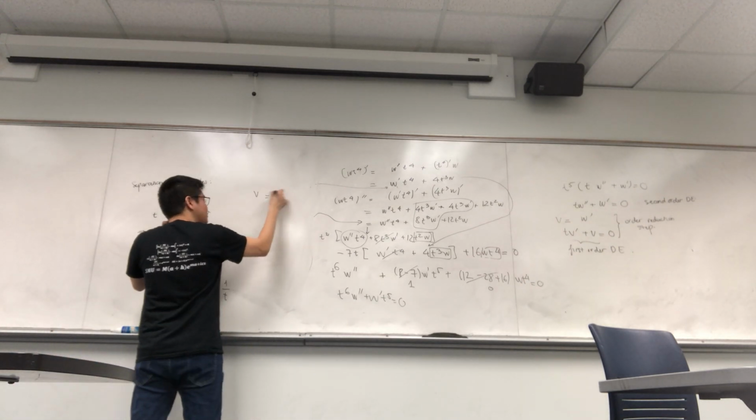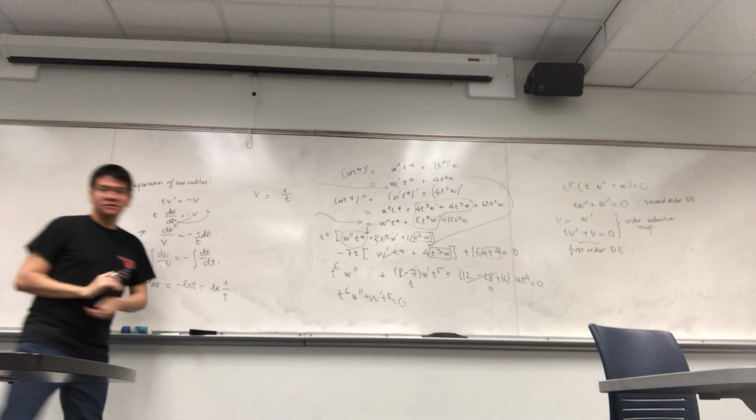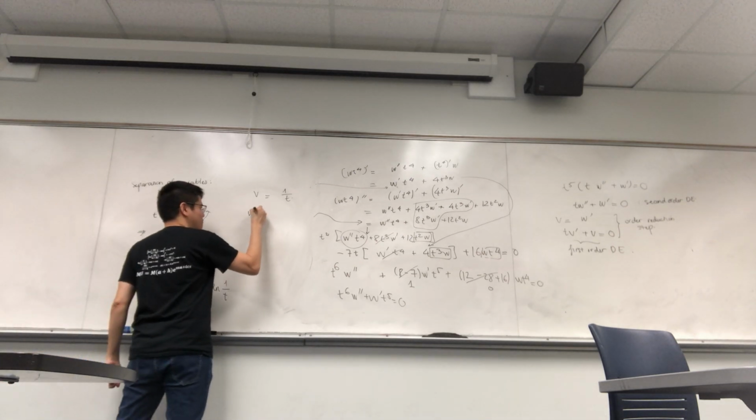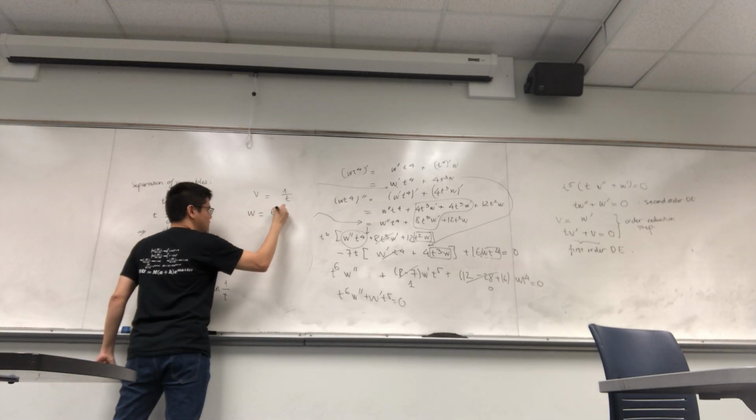So v now is 1 over t. So what is w? So w will be the antiderivative of v, and this is log t.